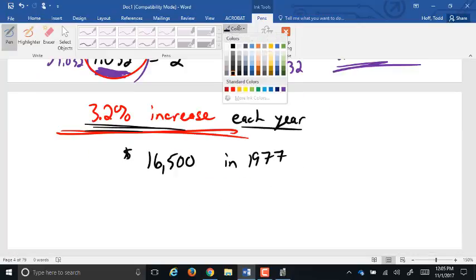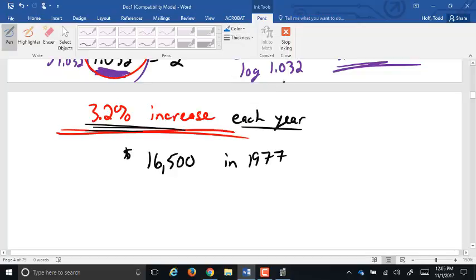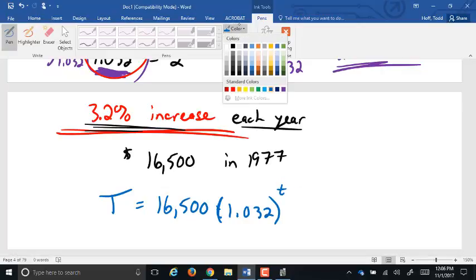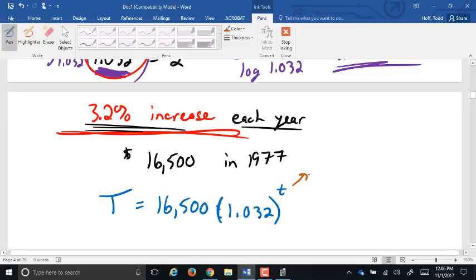And we came up with a model for that. The model was the amount of tuition was equal to that starting amount, 16,500, times, they're using parentheses, so I'll use parentheses, 1.032 to the power of t, where t is in years after 1977.